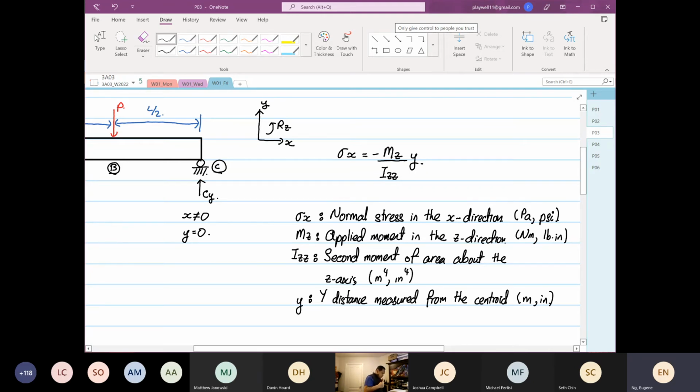Now, question for you all: why negative? Anyone? Why is it negative? Why did the formula put a negative sign over there, or do we just accept the fact that it's negative? Anyone?